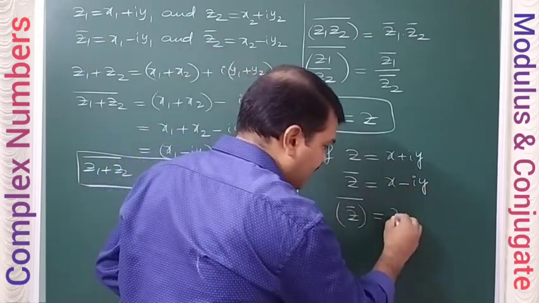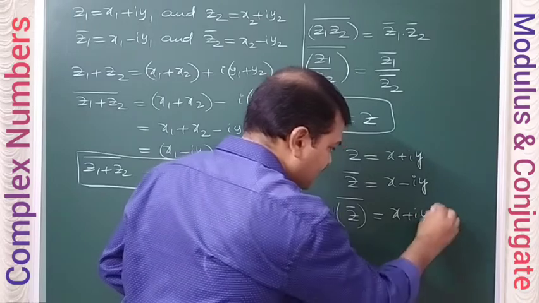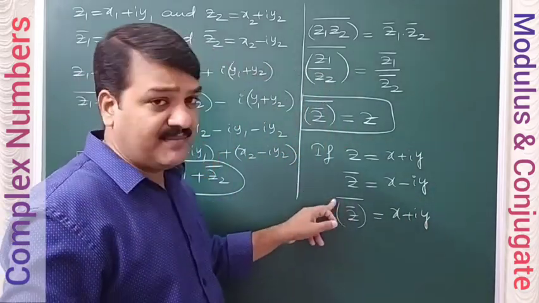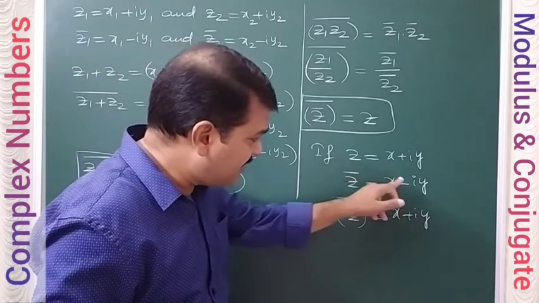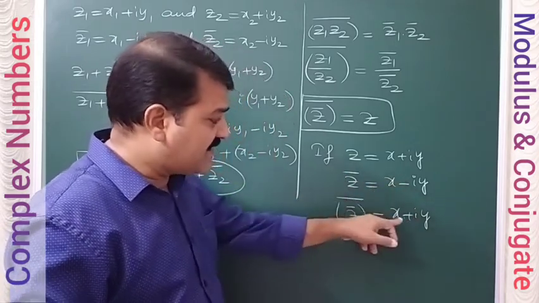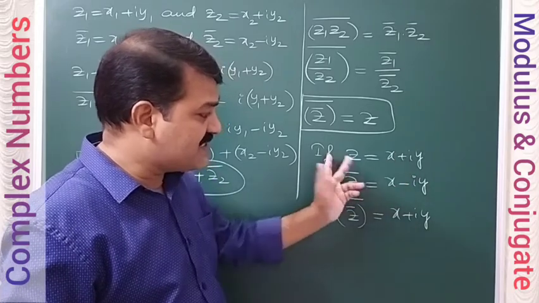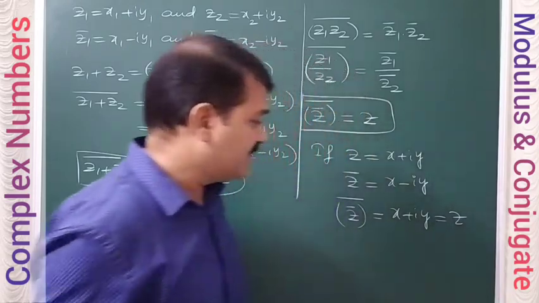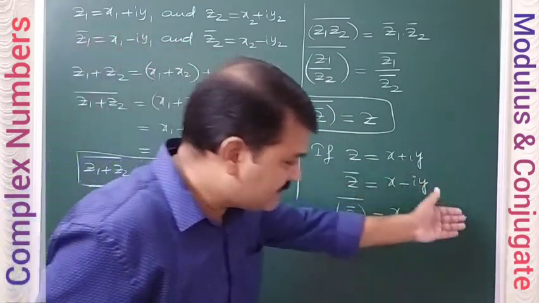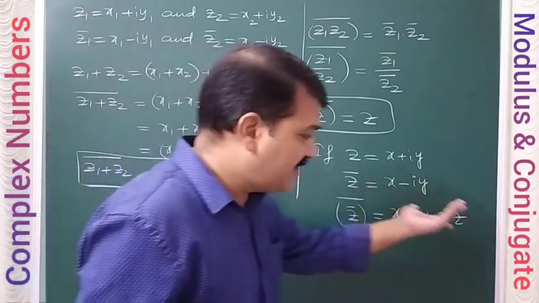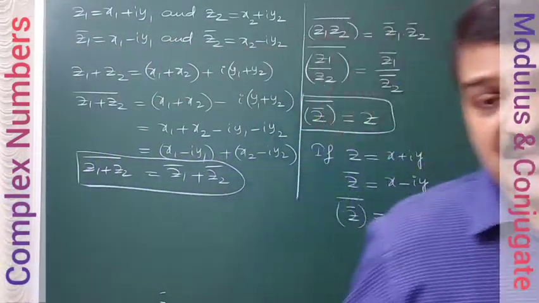Change the sign of imaginary part. For this one I am taking conjugate, therefore one more bar I am taking. Conjugate of this means imaginary part, we have to change the sign. So z bar whole bar we got x plus iy, which is same as z only. So z bar whole bar is z. So if you take 2 times conjugate for a complex number, it will be same as the original complex number.